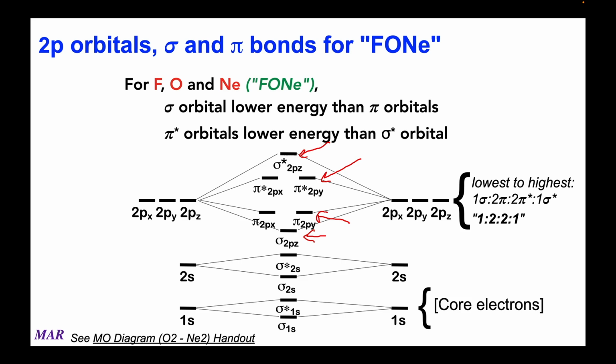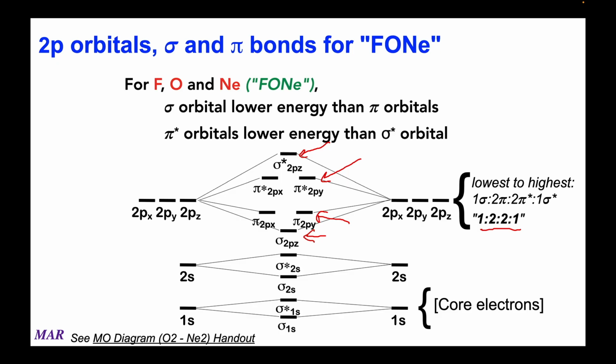So notice it's the bonding orbitals that flip, the anti-bonding orbitals stay the same. So while NBC had a 2-1-2-1, the phone orbitals are 1-2-2-1, sigma first, followed by the 2 pi's, then pi star, then sigma star. So it's only the bonding orbitals that flip when you go from NBC to phone.